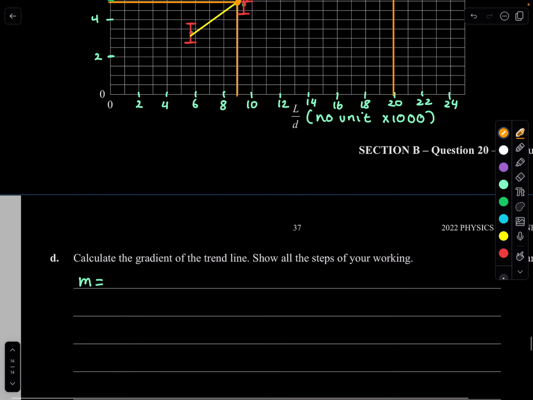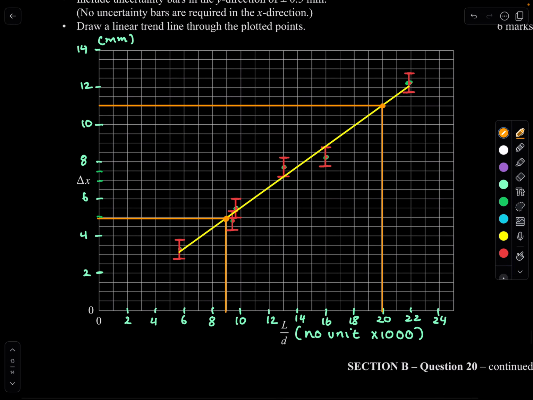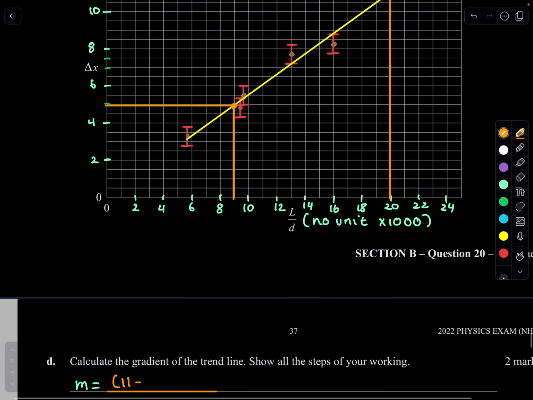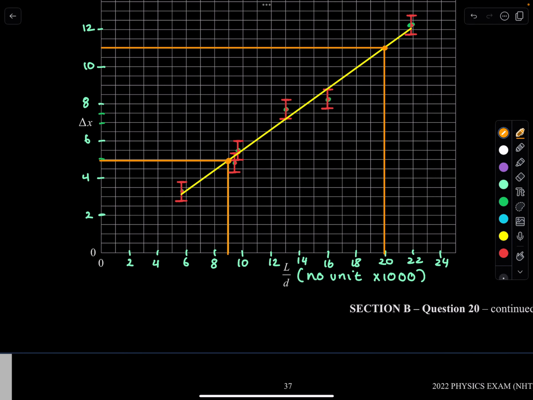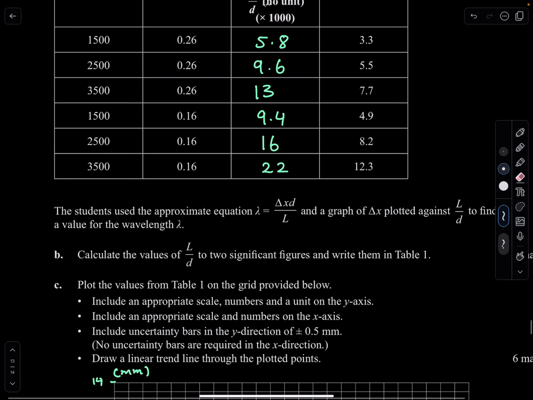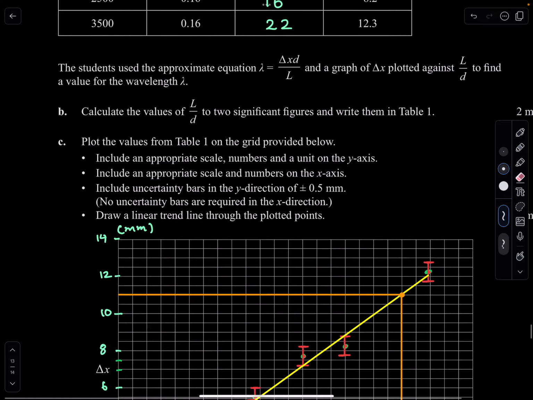So I'm going to make sure, because the y is in millimeters, it's going to be 11 minus basically 5. Make sure to change it to meters, times 10 to the negative 3. Yep, because it's in millimeters, to make it meters.